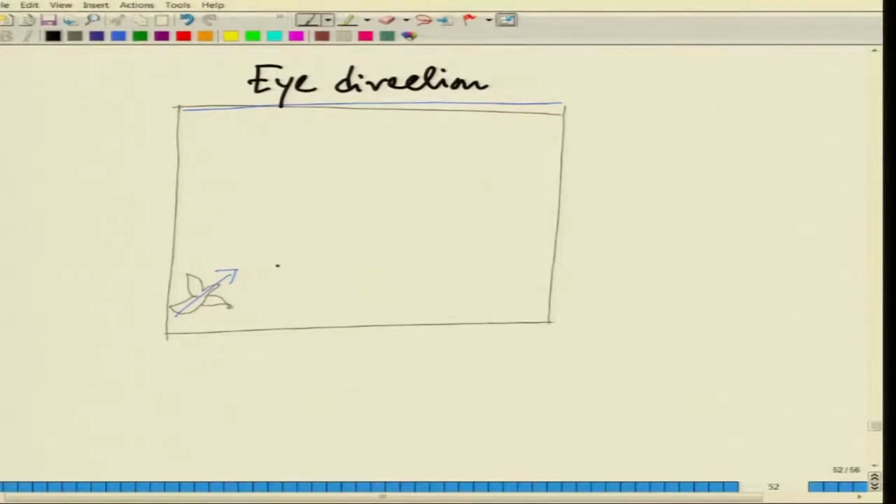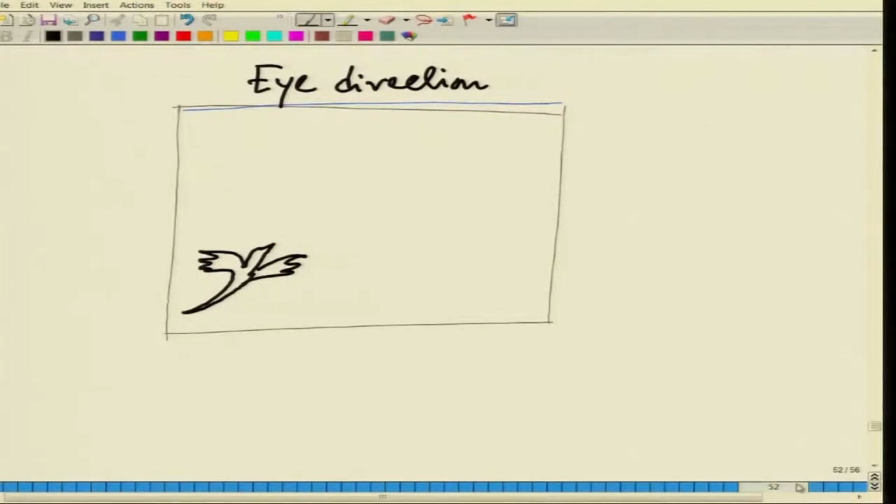So a form which is as stable as a pot will look less dynamic than a form which is pointed and more dynamic.